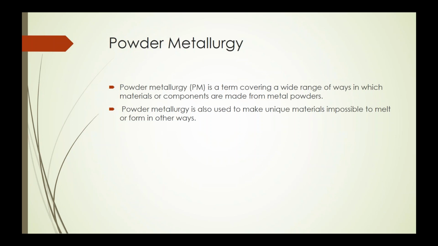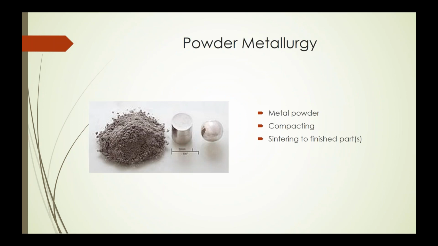Well, as the second item says, powder metallurgy is used to make unique materials impossible to form in other ways, or difficult to form in other ways, and maybe low volume. Well, powder metallurgy, you start, as I said, and here you have a metal powder, which is on the far left.